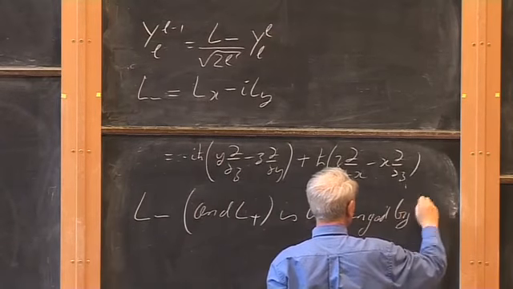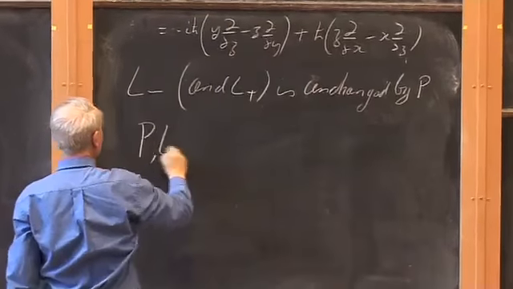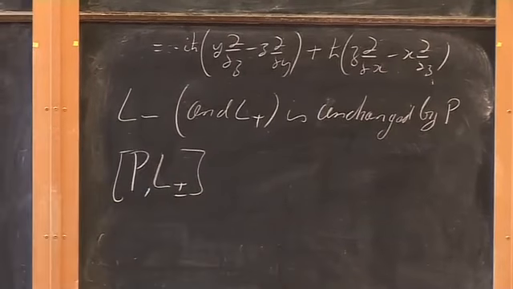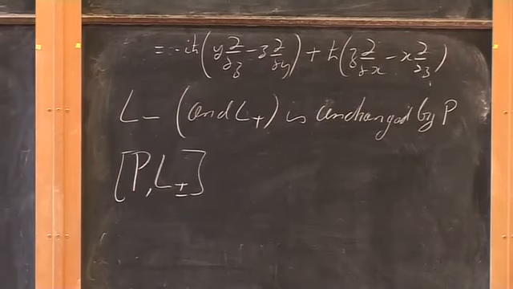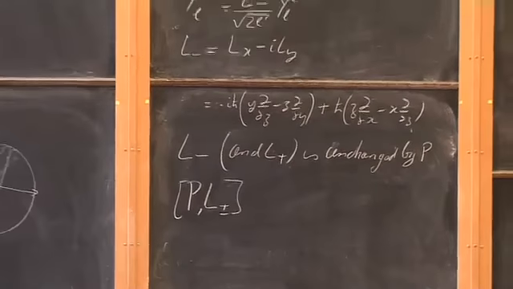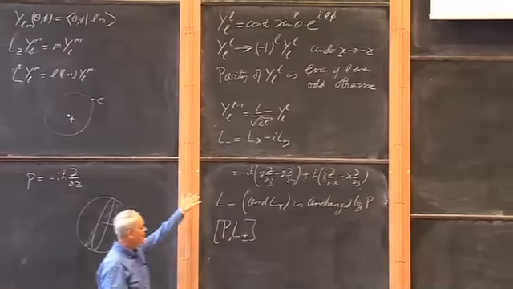by P. The strict mathematical statement is that the parity operator commutes with either of these animals. Indeed, all the angular momentum operators commute with the parity operator, basically because they contain products of positions, or if you like, ratios of positions, whatever. They don't change.